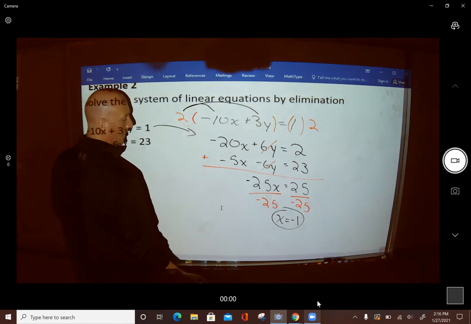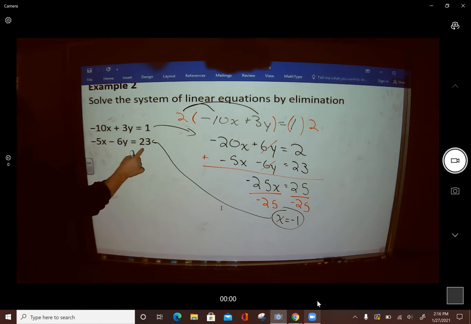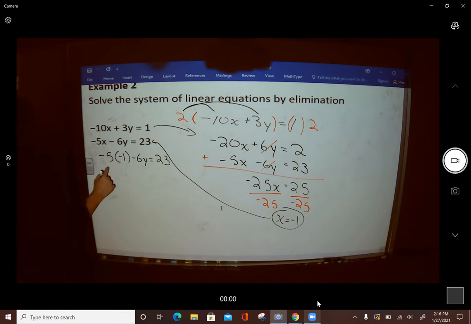If x is -1, plug it into either line. I'm just going to pick this line. So -5 times x minus 6y is 23. -5 times -1 minus 6y is 23. -5 times -1, 5 minus 6y equals 23.